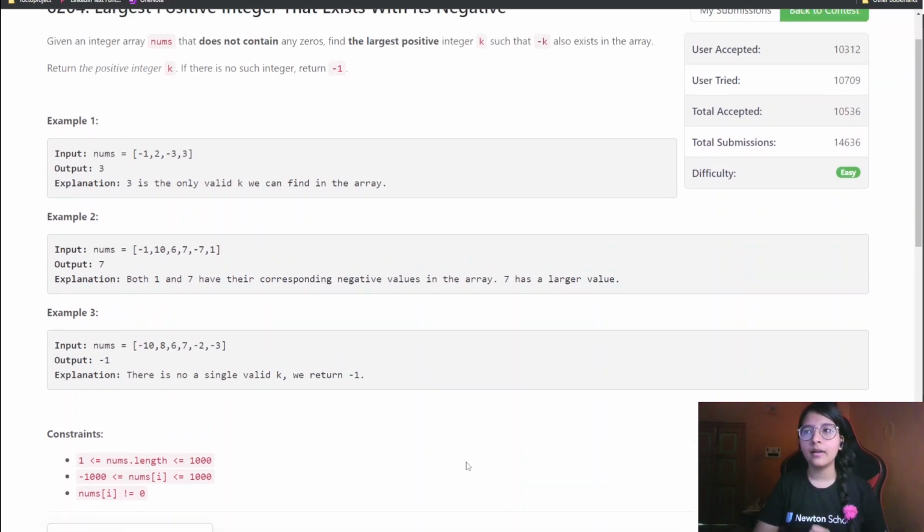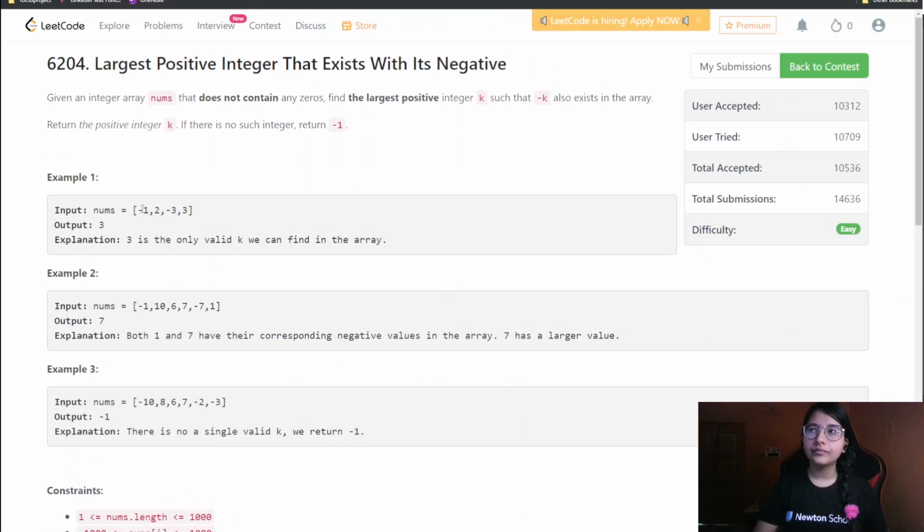So now comes the part of how we are required to do this particular question. If we check that this particular number is there, we also need to check whether its negative also exists in the array or not. If it doesn't exist, then we don't need to do anything.